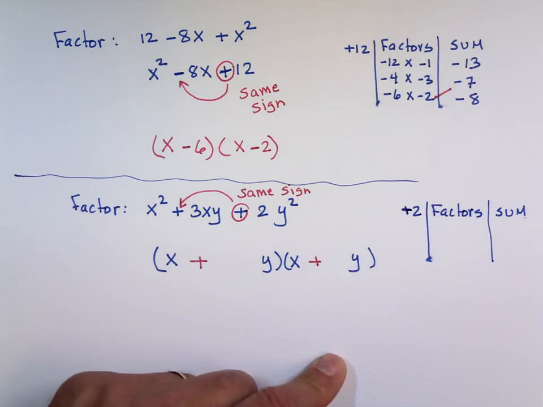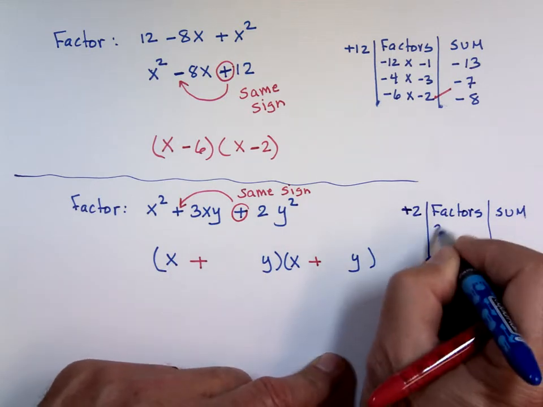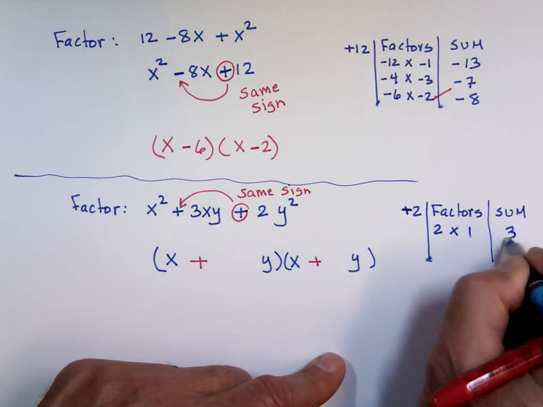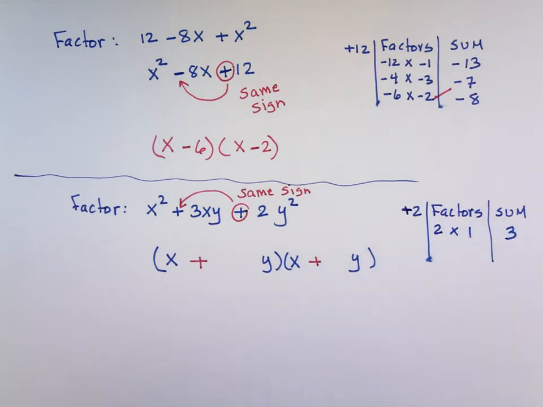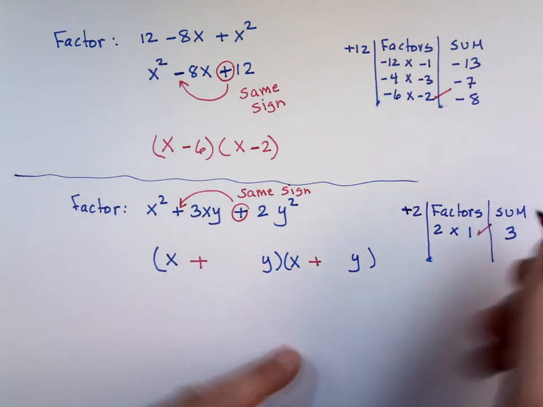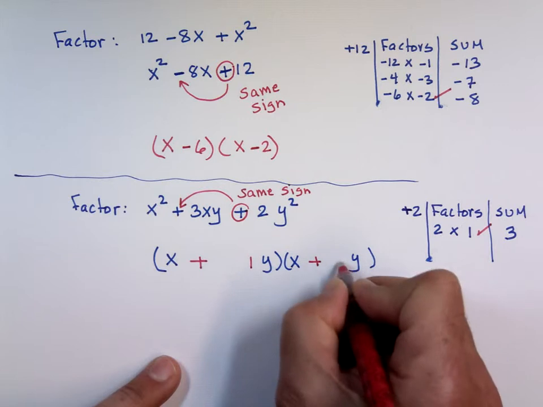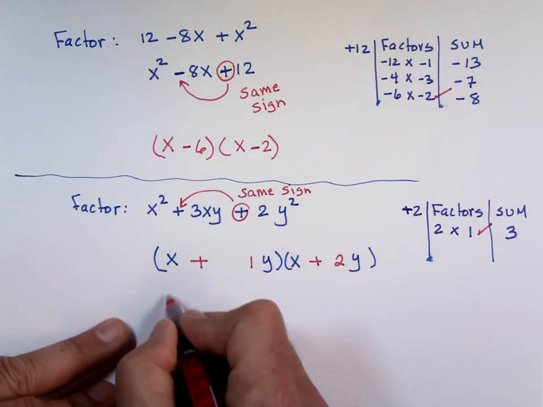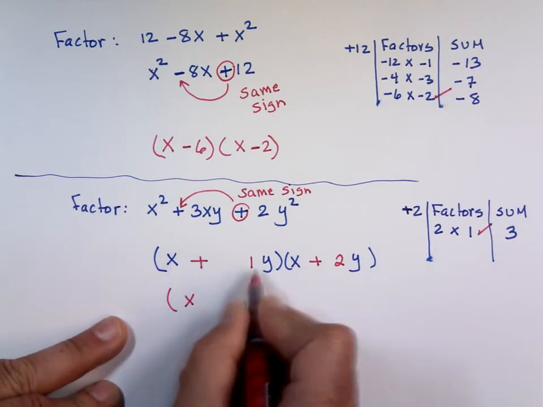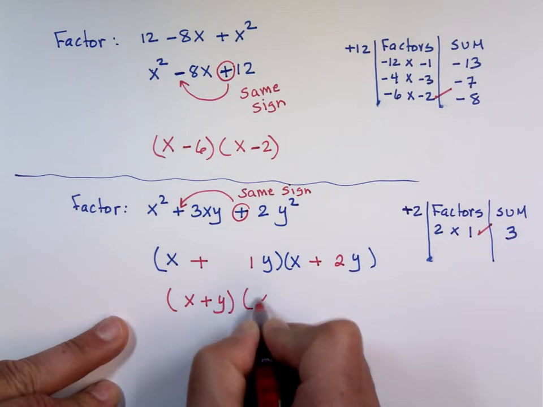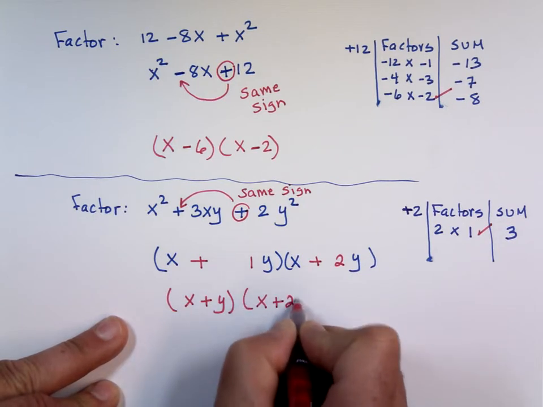The 2 is actually 2 times 1, and the sum will be 3. And what do you know? You want it to be plus 3. That's it. So one of the numbers is 1, the other one is 2. Positive and positive. So when you write that, clean it, you don't want to put the plus 1. You go x plus y, x plus 2y.